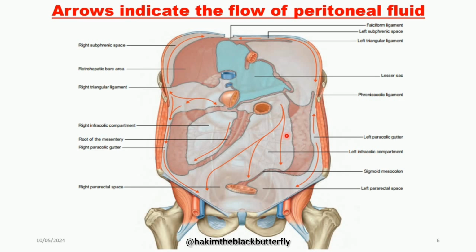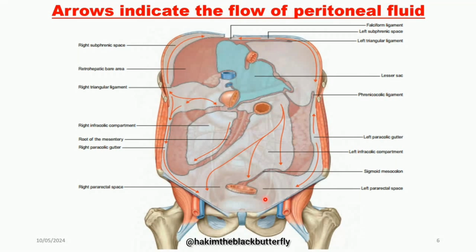Within the peritoneal cavity, we have mentioned that we have fluid. This fluid is going to be circulating around within the peritoneal cavity. You can see it circulates around the liver, downwards along the colon towards the potential spaces within the pelvic cavity.